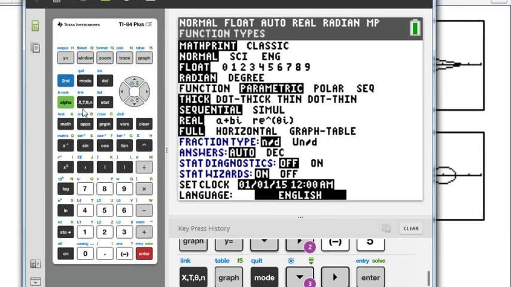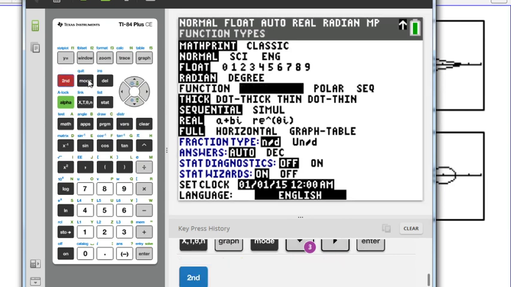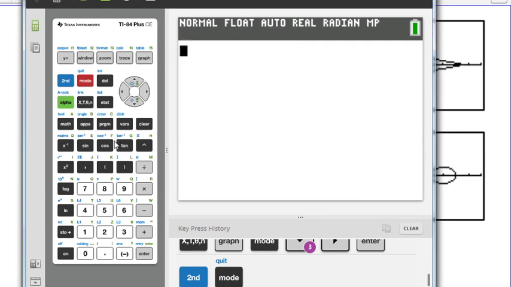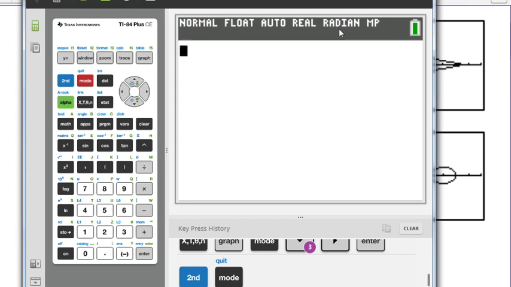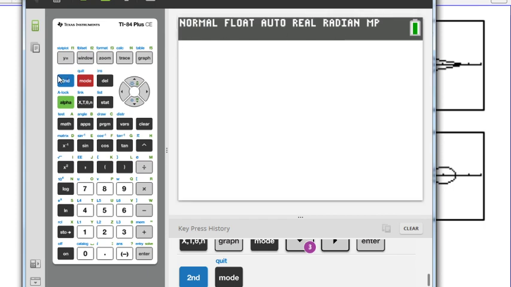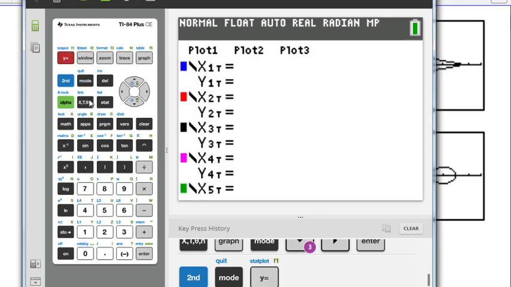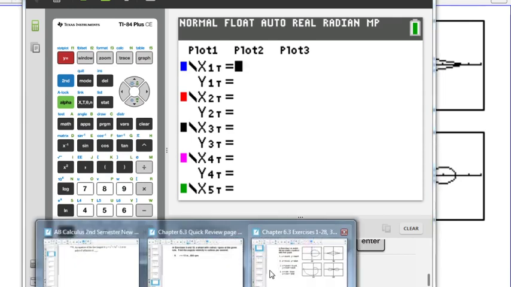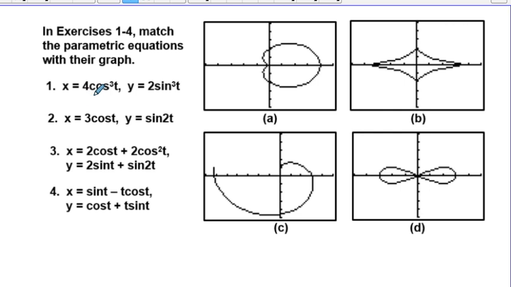Then I'm going to exit, second quit, and now we got to make sure we're in radians. And so we are in radians, and go to y equals, and I'm going to make sure we have the equations right. 4 cosine cubed t.